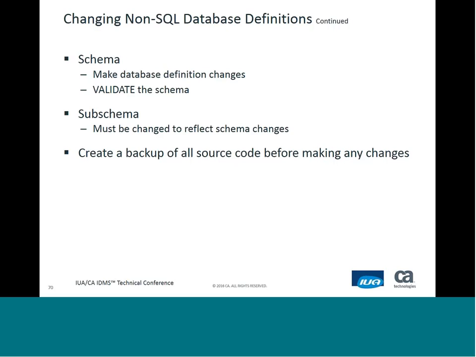Well, it's the validate that says, oh, wait a minute, you use the same pointer twice for two different sets, or this record that you defined as a member of a set does not exist within the schema. So that validation process is necessary, and a schema cannot be used to generate subschemas unless that schema has been validated.